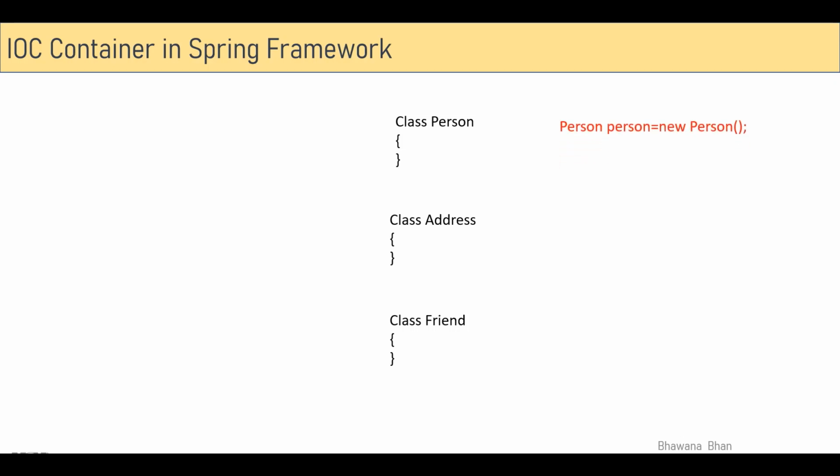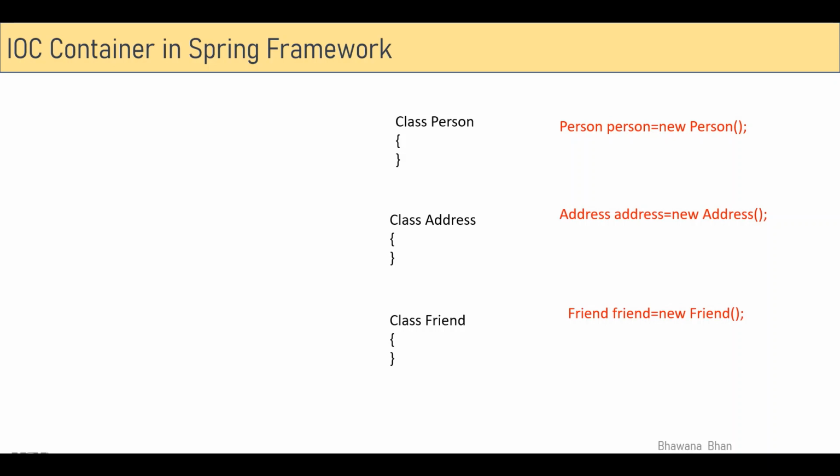It was the developer's responsibility to create the object on their own, and manage it, for the Address class and for any of the classes. I took the example of Person, Address and Friend, so we have three classes here, and for the three classes we created the objects. This was how we did things previously.